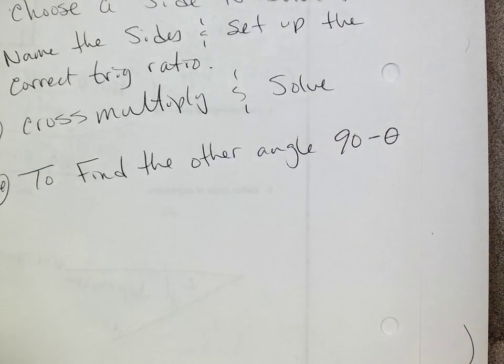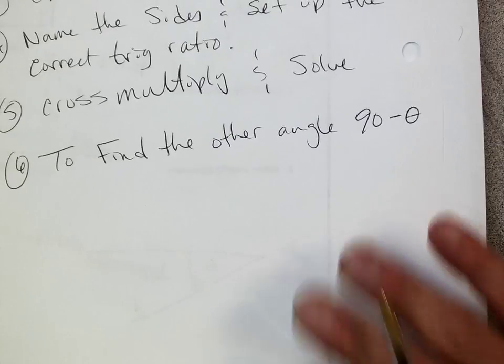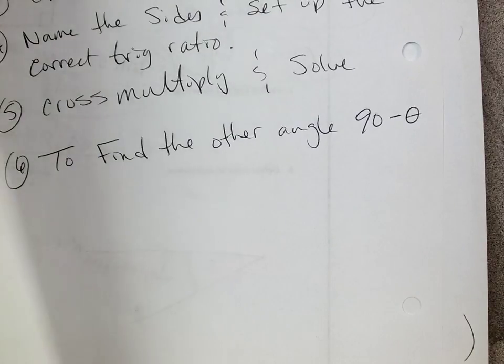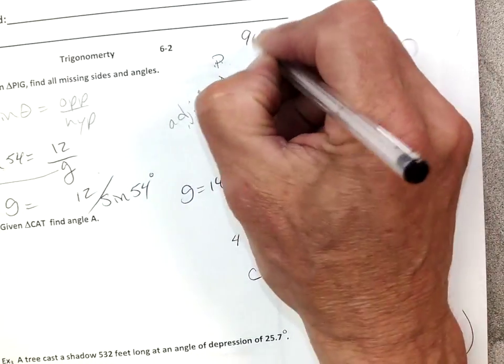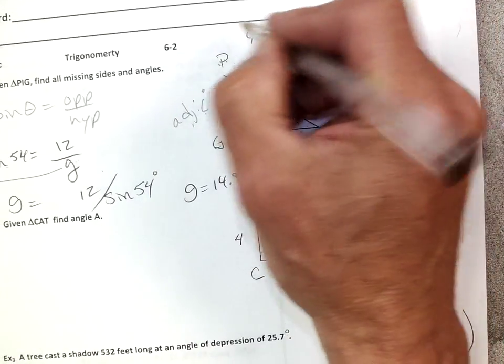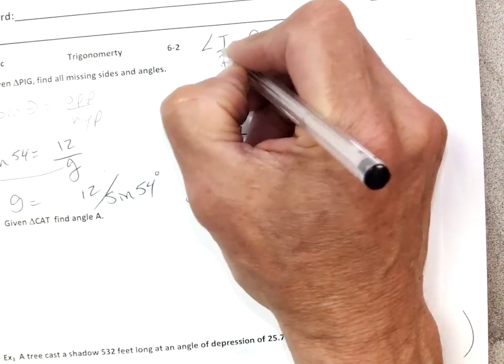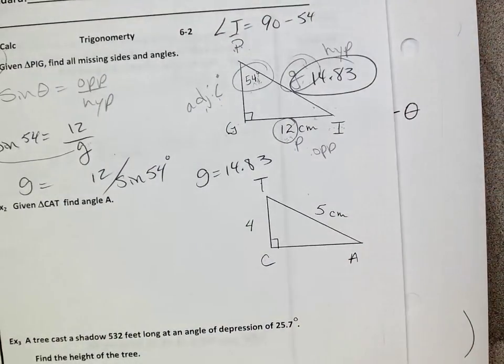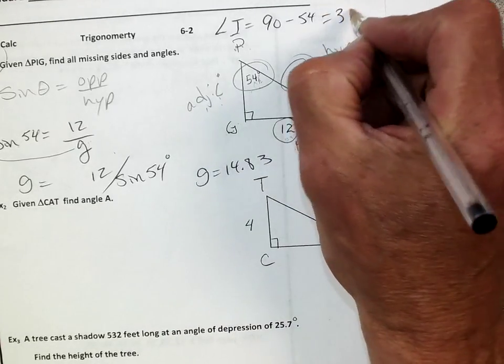Theta is the angle we just had, the 54, right? And Will's right, we're just going to do 90 minus 54, and that'll give us angle I. And what's that? 36, thank you, 36 degrees.